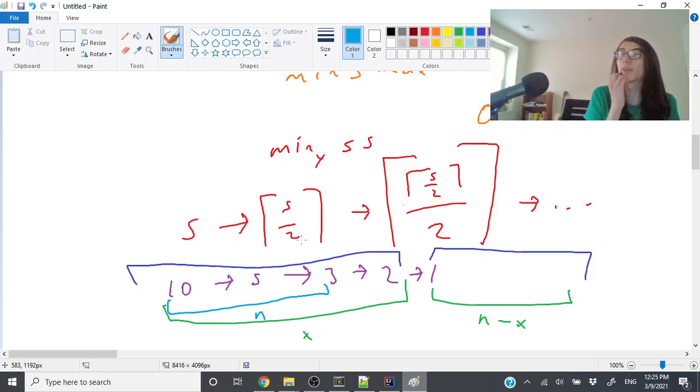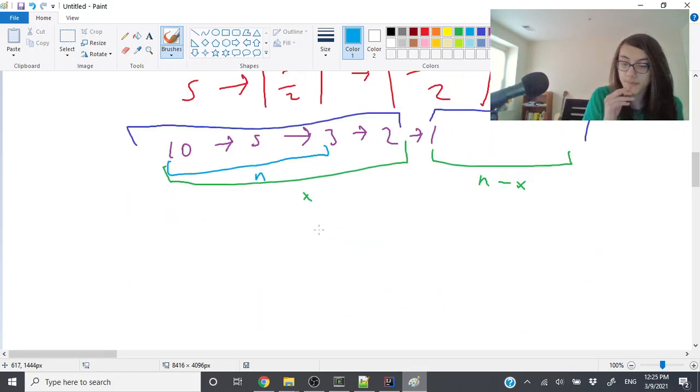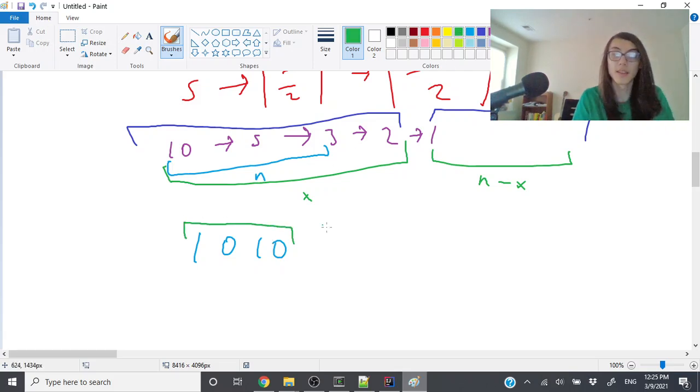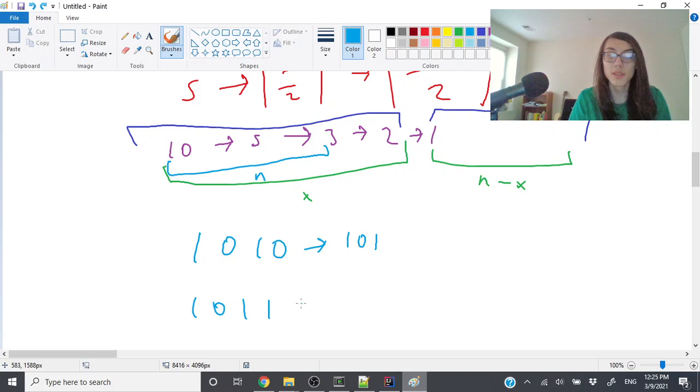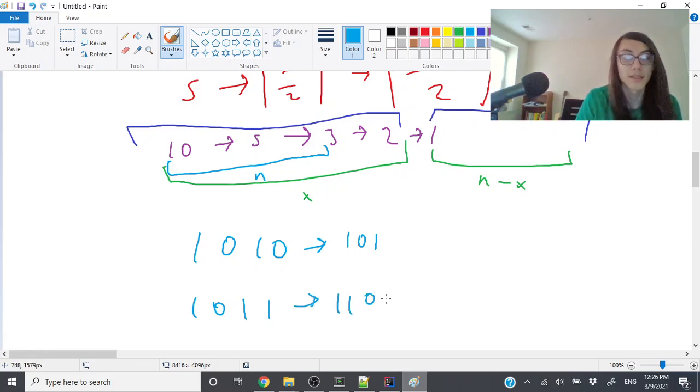And this is going to work in log n iterations because, if we think about it in binary, then for example, 10 is that. So if this value is even, then it simply just cuts off the final bit, which divides it by 2. And if it's odd, for example, say we have 11, then it's going to add 1 here, but it's still most of the time going to decrease the length of the bit string.